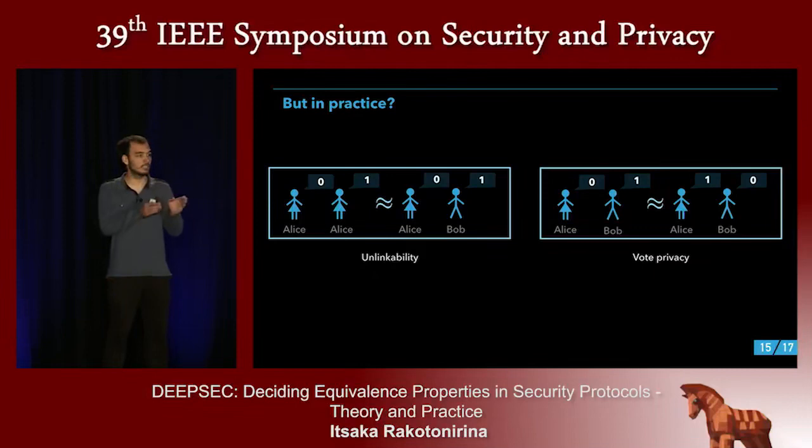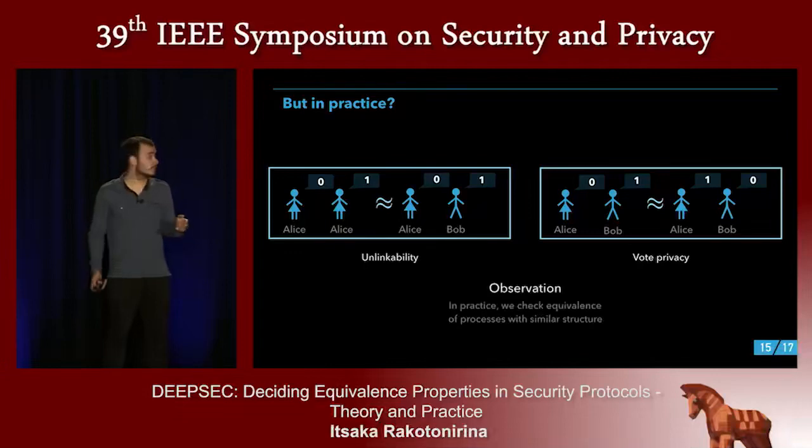Usually you state it as the equivalence of 2 situations where some votes have been swapped. And what you can notice is that these 2 processes whose equivalence is to be checked really have a similar structure. You have the same number of agents, they have very similar rules, only some values are changed at some point.